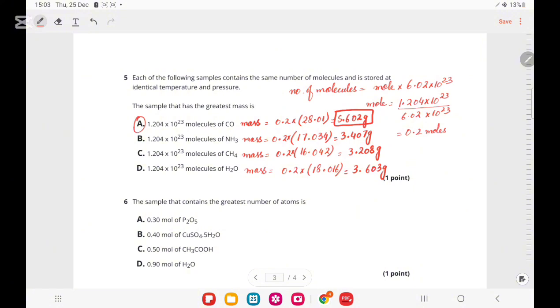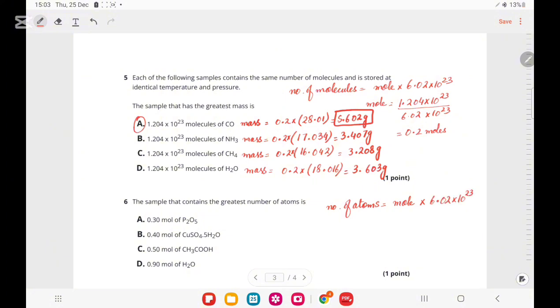Now, in order to find the next answer, we are given the moles, and to find the greatest number of atoms we use the formula: number of atoms is equal to mole times Avogadro's number.